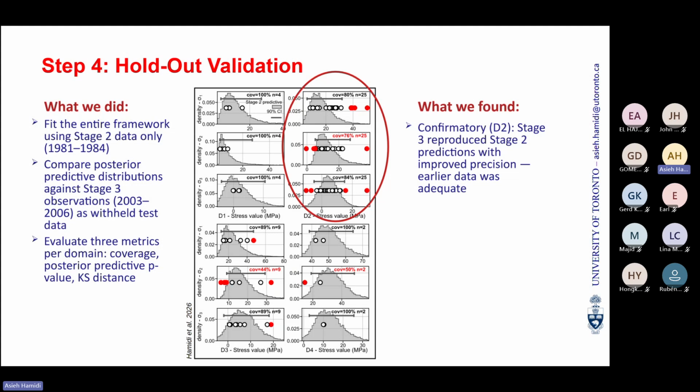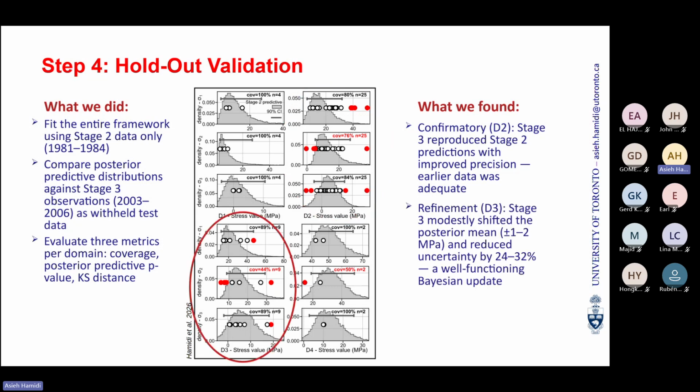The first thing that we found is that stage 3 reproduces stage 2 predictions. Another thing we found is that after we use stage 3 itself, meaning the latest data plus the preliminary data that we obtained within stage 2 years ago, data accumulation helps to reduce uncertainty.